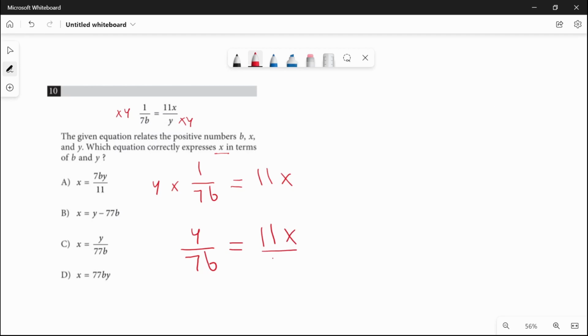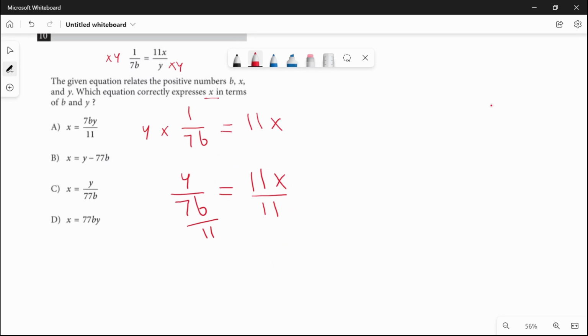Next step will be dividing by 11. Dividing by 11 is the same as multiplying by 1 over 11. So y multiplied by 1 is equal to y, and 7b multiplied by 11 is 77b, and that's equal to x. So x is equal to y over 77b, which is choice C.